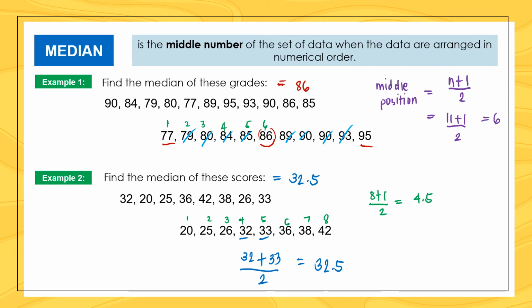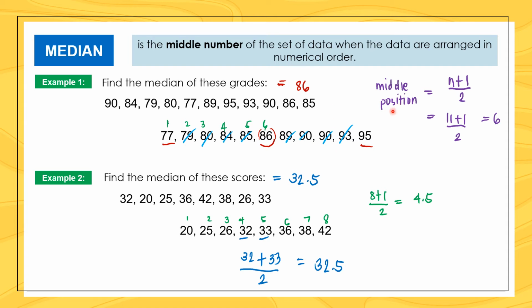Okay. Let's recap what the median is. The middle number. So in order for us to get the median of a data set, we need to arrange the data in ascending or descending order. I suggest you write it in ascending order, from least to greatest.